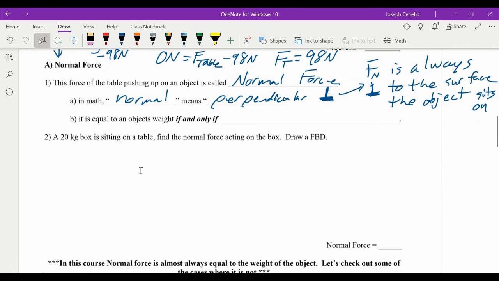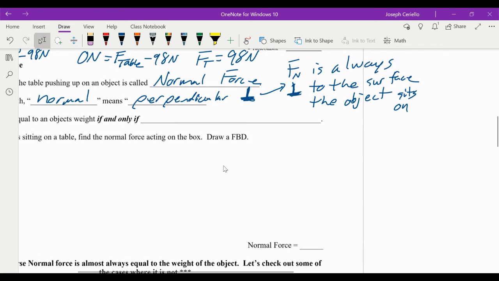Now, very frequently in this course in Regents physics, the normal force is equal to the weight. It's not always the case, but 95% of the time or so it is equal to the weight. There are 3 criteria, though, we need to satisfy for it to be equal to the weight. First, it has to be on a flat surface. Most cases we're dealing with flat surfaces. If you've seen an inclined plane, then you know it's not equal.